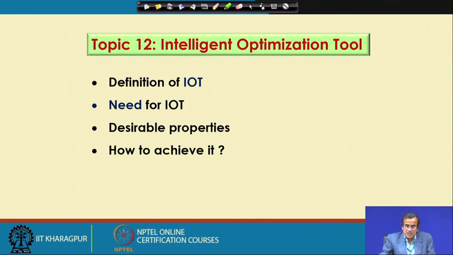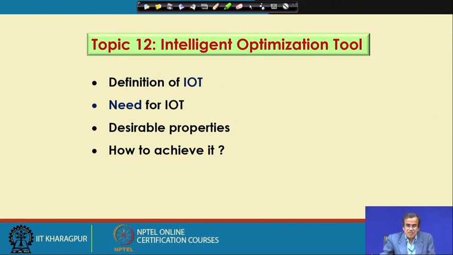For example, as I have already mentioned while discussing the visualized interactive GA, we can investigate the nature of the objective function, take feedback from it, and accordingly give some search direction to the optimization tool. This is one way of implementing intelligence.